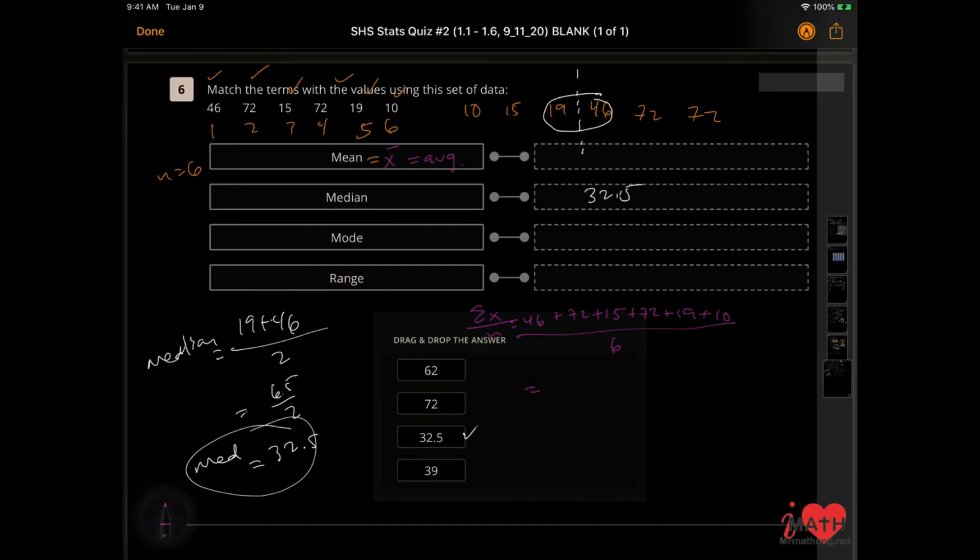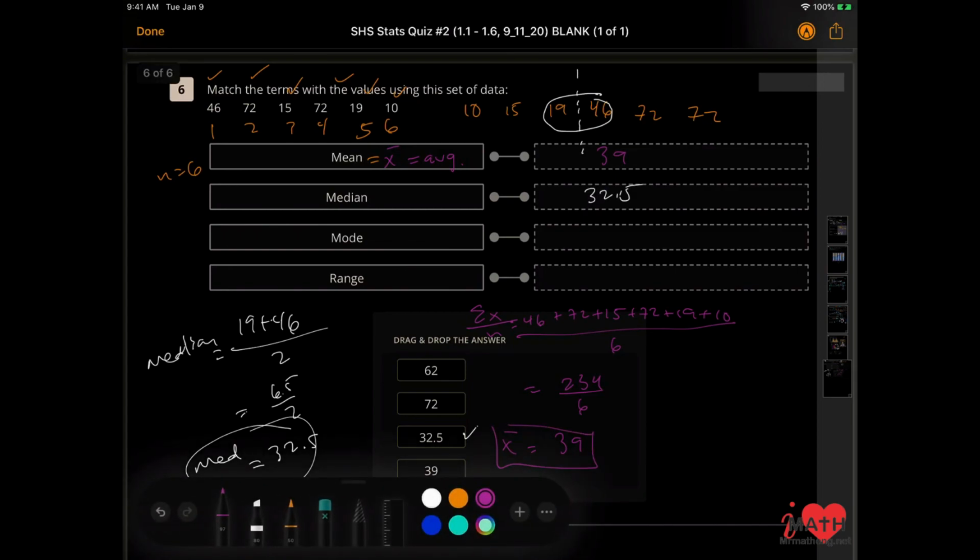All right, so I punched in all these numbers. Let's get a sum. And the calculator says 234 divided by 6, which gives me an average X bar of 39. Ta-da!